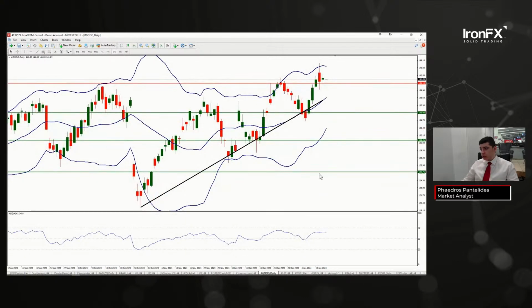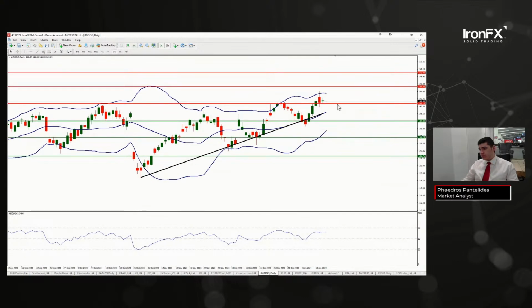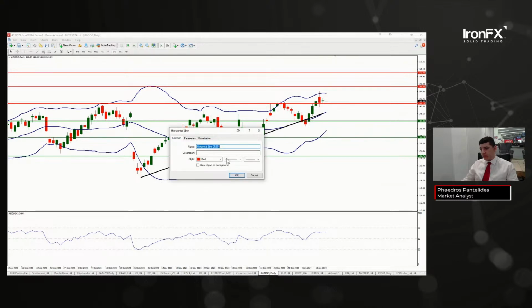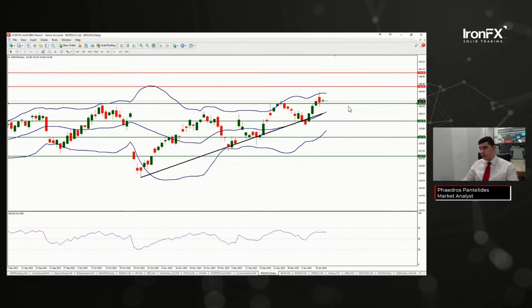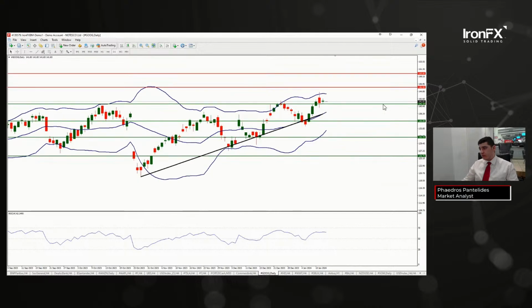We'd have a look at Google as well. Google 141.10, so resistance turns support. Then you have R1 146, R2 150, removing our old S3.